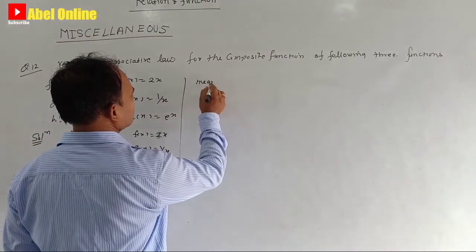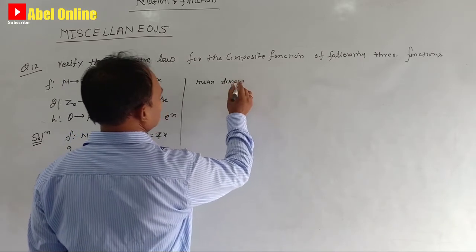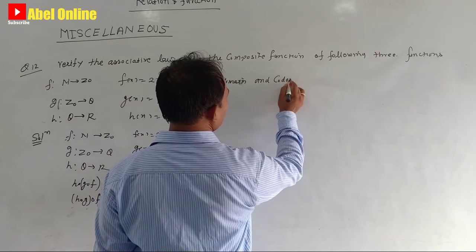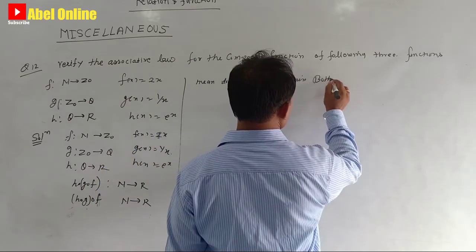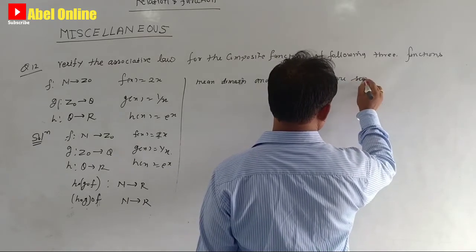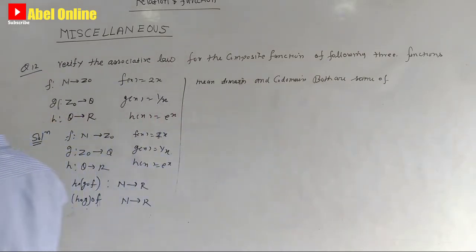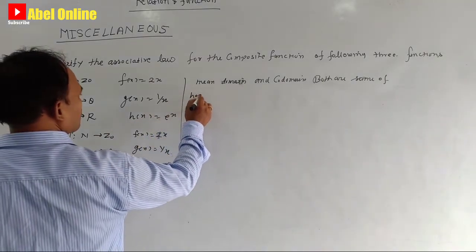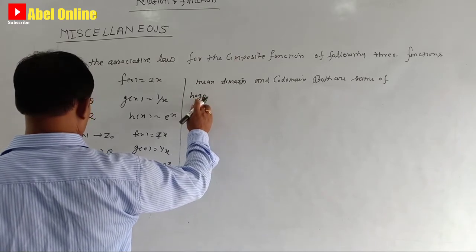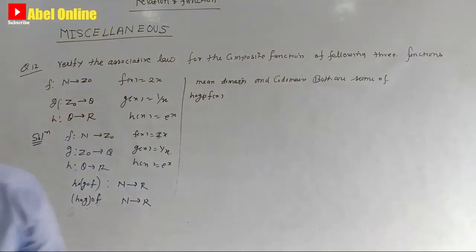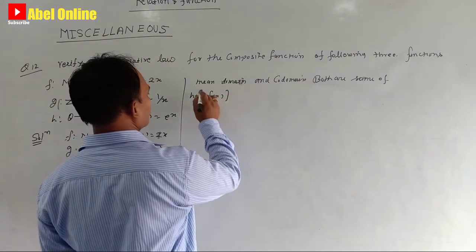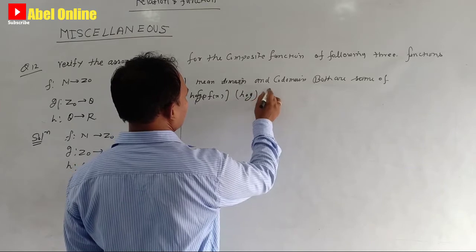Both are the same means we can say that domain and codomain both are the same, of hog f(x) and ho(gof)(x).